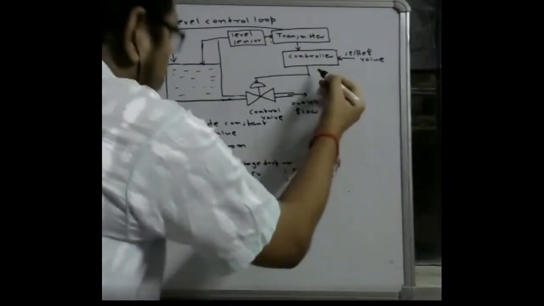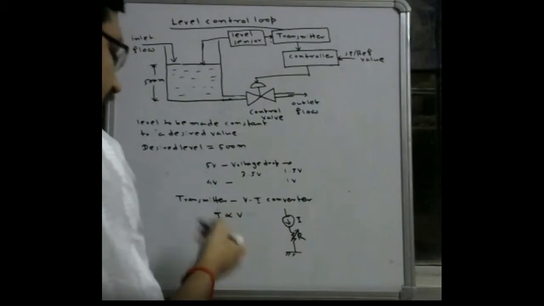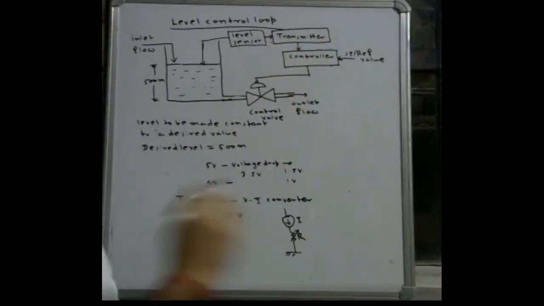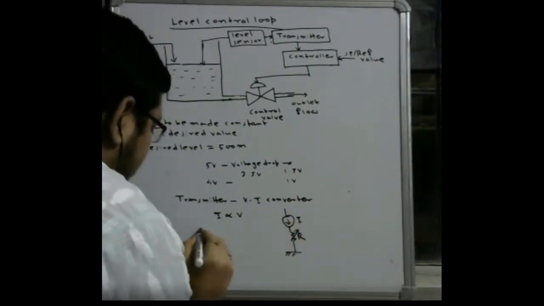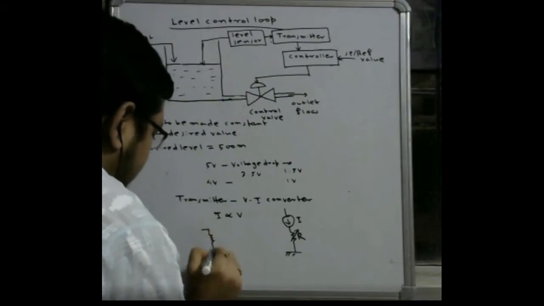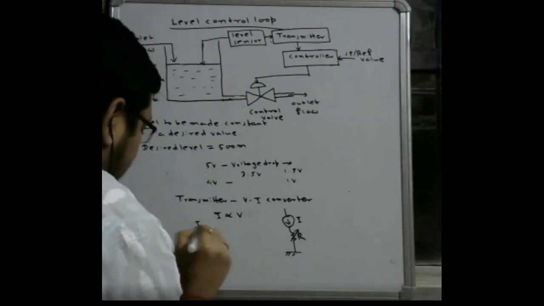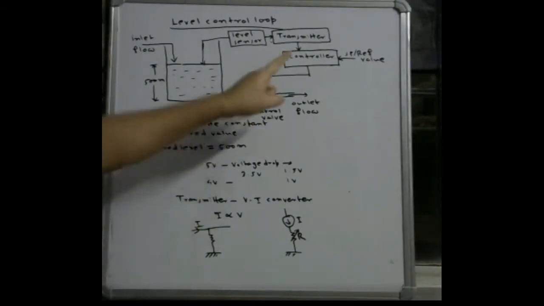Then the controller will convert this current again into the voltage form. What is this? This current is basically passed through a simple resistance, and the voltage drop across this resistance will be taken as the input to the controller.